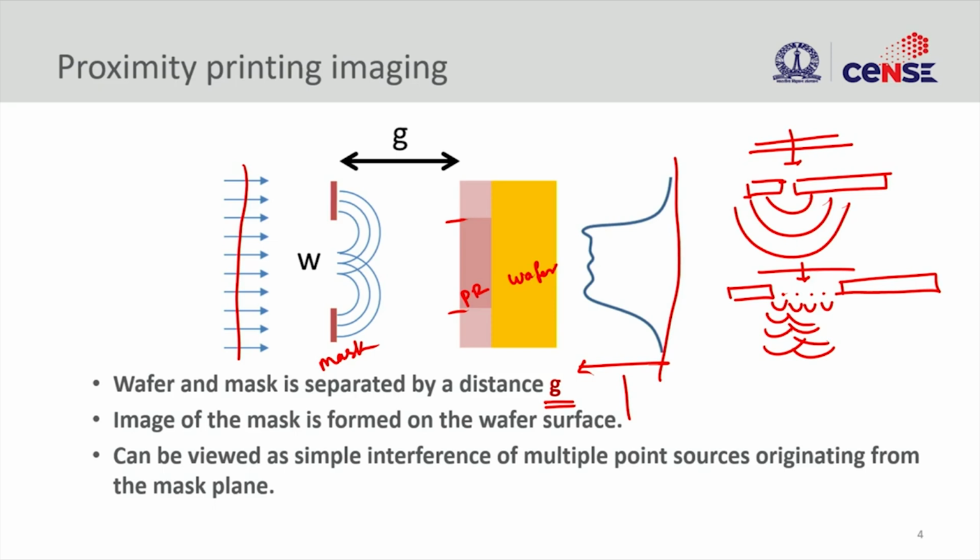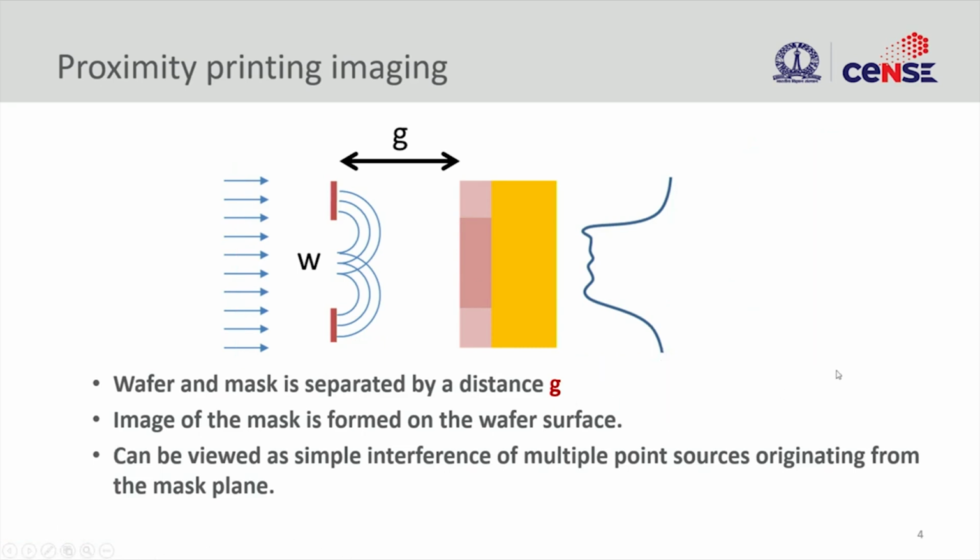The intensity profile, as you can see, is not flat. Normally you would expect a flat profile. Ideally speaking, you will expect something like this: where there is an opening, you will see a large amount of light coming through, and in an opaque region you should not see any light.